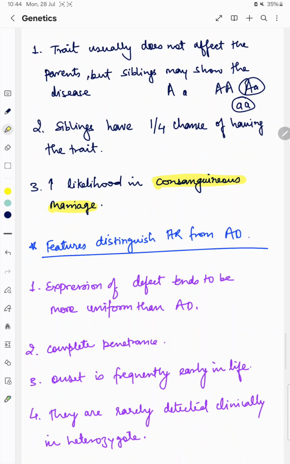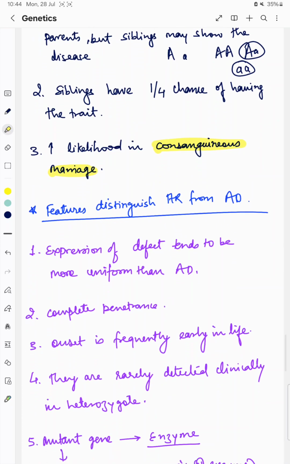Features that distinguish autosomal recessive disorders from autosomal dominant disorders: expression of the defect tends to be more uniform than in autosomal dominant disorders, where, as we have discussed, there is variable expressivity.